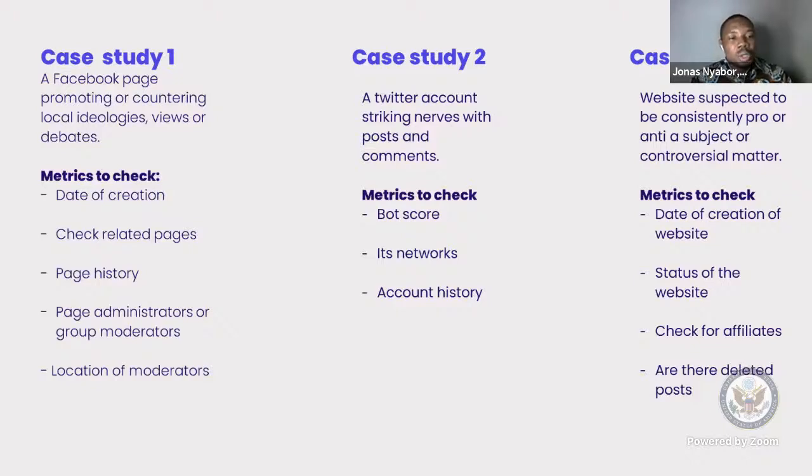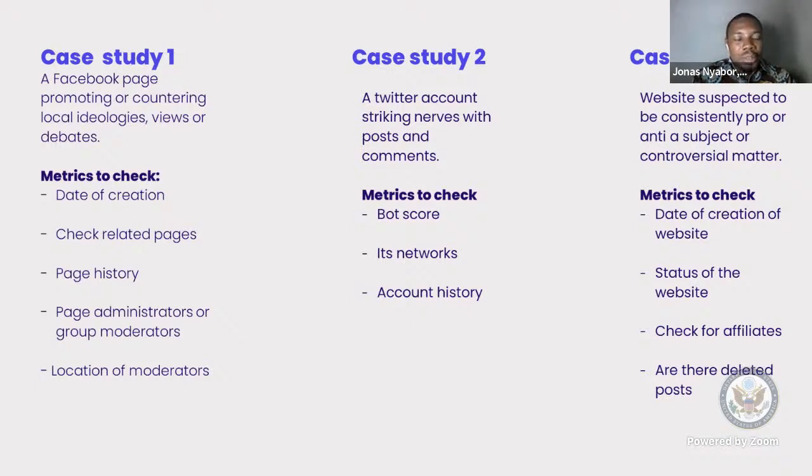Checking related pages is also important. So let's say there is this debate about LGBT rights in Ghana, and then there is a page that has been created, and the information the page is putting out does not clearly state where this page is actually aligned.